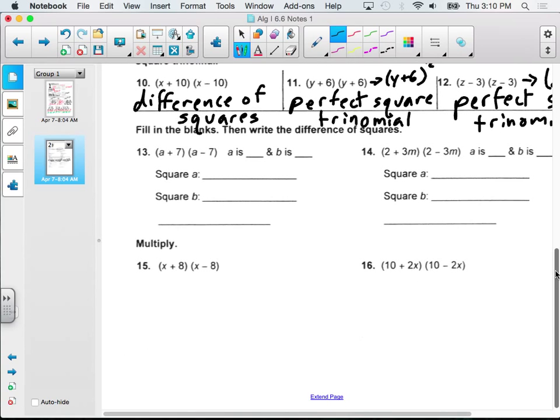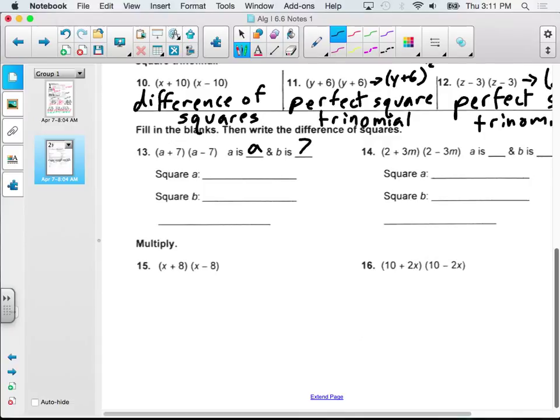Alright, so just gonna do what we did on the front page, but with difference of squares. So a plus 7 times a minus 7. What's our a term? It's actually a this time. It won't always be, but a is a, b is 7.